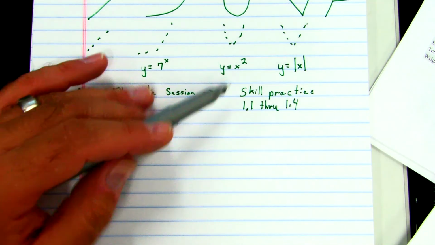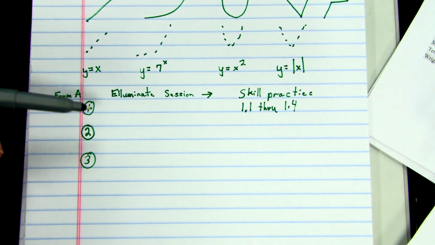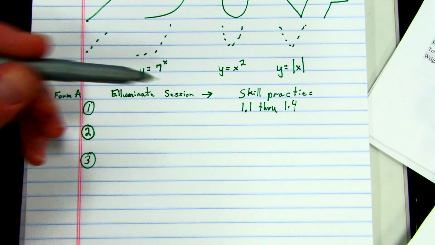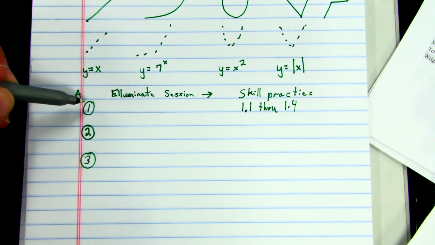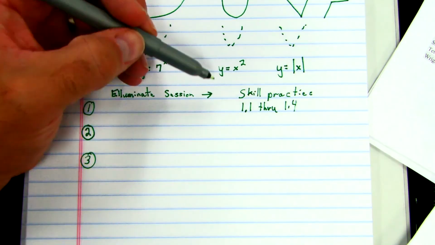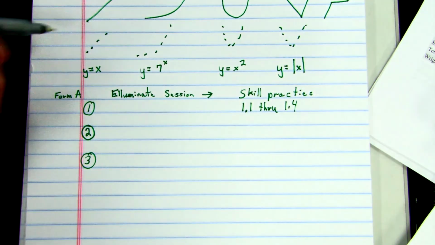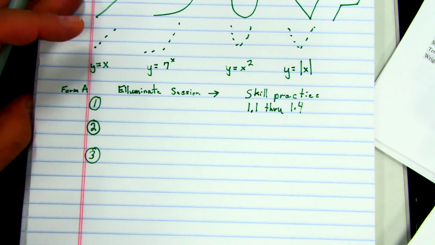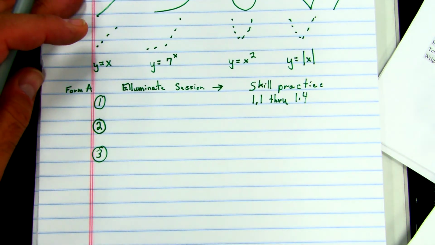I've posted these answers online. So I want them to try it and then check their work. When they've done the test corrections and they've done the skill practice, I promise you, they should score much higher on the second test. Remember, the first test and the second test get averaged together. So even though they may not be able to get an A, they will be able to raise their score.